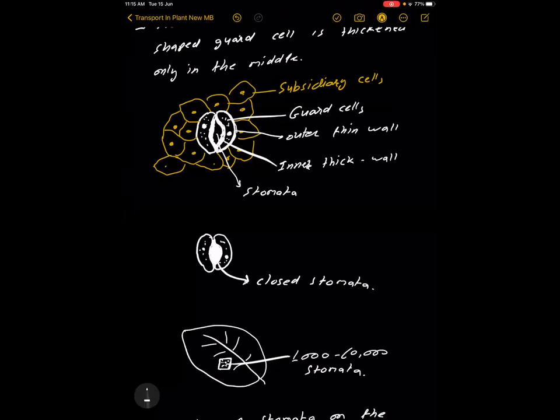So this upper part is ventral. The lower part where veins are visible, the slightly rough part, is the dorsal part. So the lower part, which is dorsal, has more stomata than the ventral part, which is the upper part. Fine.